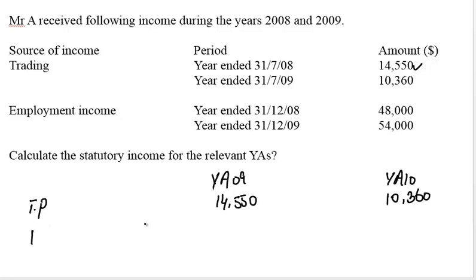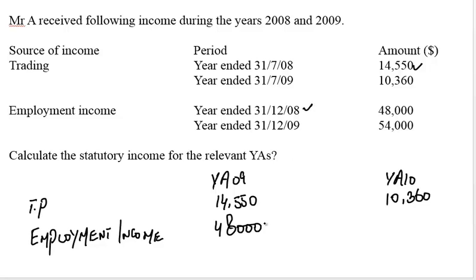Similarly, you have employment income. Can we take all of this? Yes, because it is assessed on calendar year basis and it's already your calendar year. So 48,000 and 54,000. In this question you were not given any allowances or capital losses, so we just add both to get the statutory income.